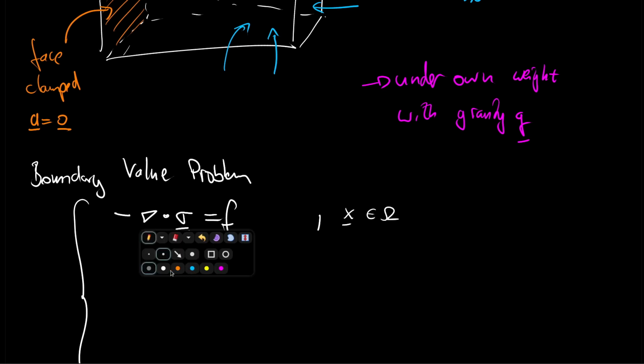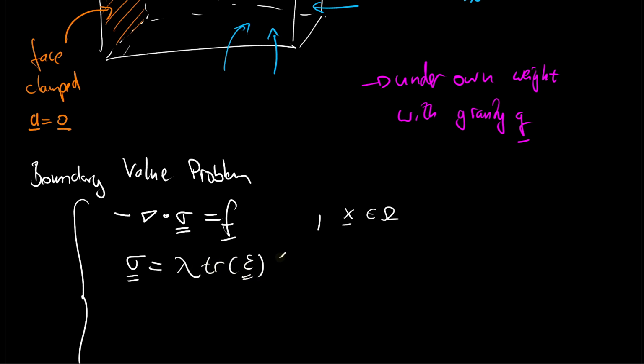So first we have a constitutive law, and there we get that the sigma matrix is equal to lambda times the trace of the epsilon matrix times the identity tensor, so in 3 dimensions, the 3x3 identity tensor, plus 2 times mu times the epsilon tensor. And these are the constitutive laws for linear elasticity.